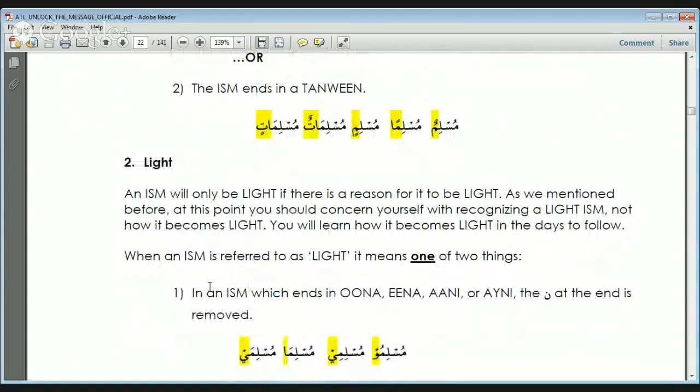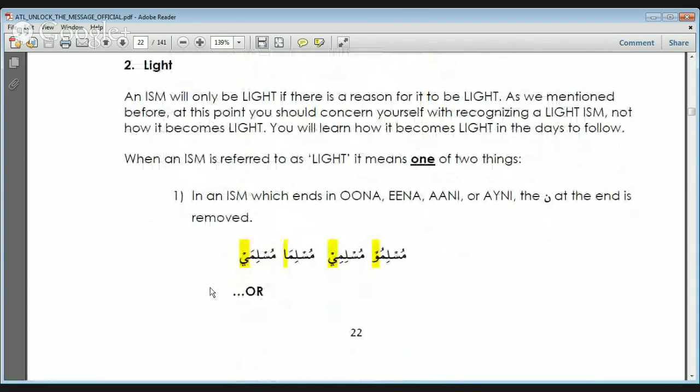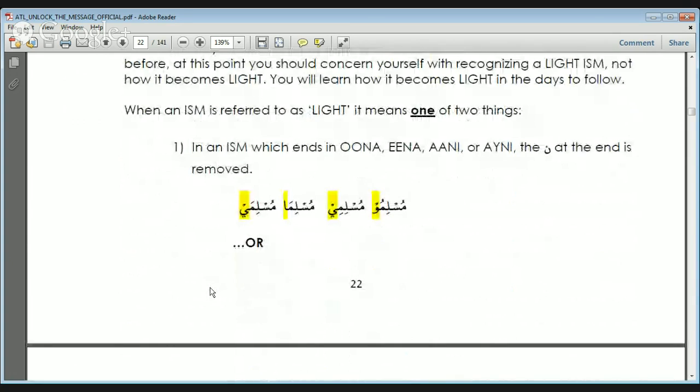An ism will only be light if there's a reason for it to be light. Again, we don't know the reasons just yet. But an ism is referred to as light in the following two scenarios. Number one is the ism which ends in what? Una, ina, ani, or aini. If it ends in una, ina, ani, or aini, what is it? Heavy or light? Heavy, right?